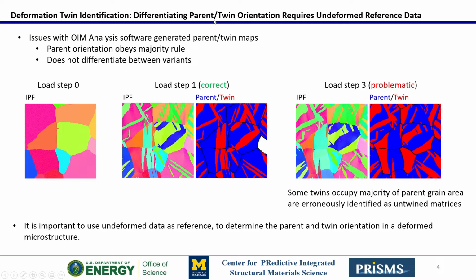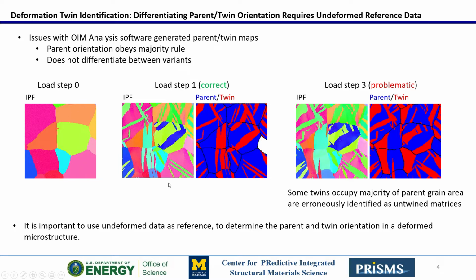There are other reasons that we need to do this twinning identification. One is that the commercial OIM analysis software can provide some parent twin maps, but there's no differentiation between the twin variants. Also, the parent orientation determination is dependent on the majority rule. For example, we compare the parent twin maps generated by OIM analysis for a few load steps.